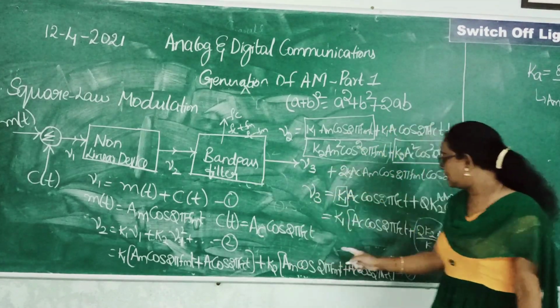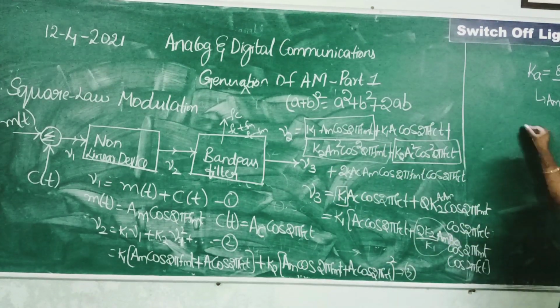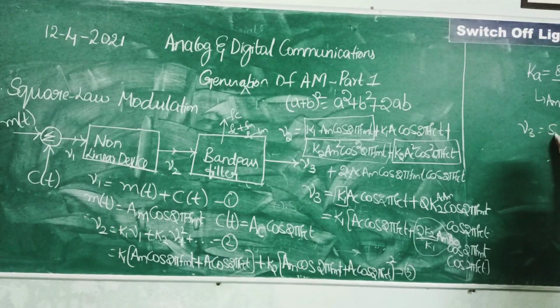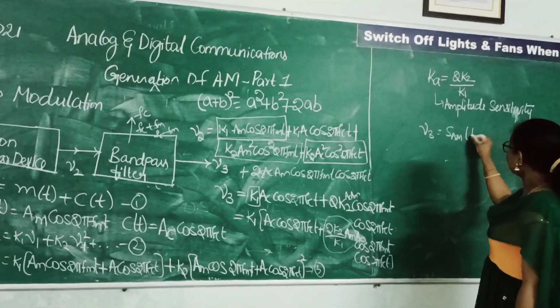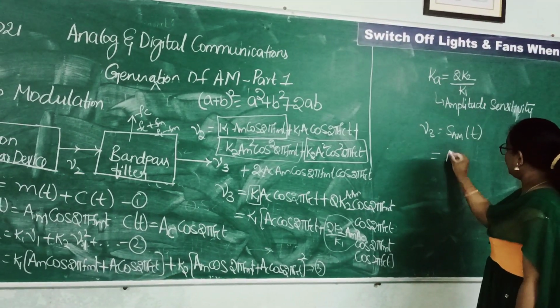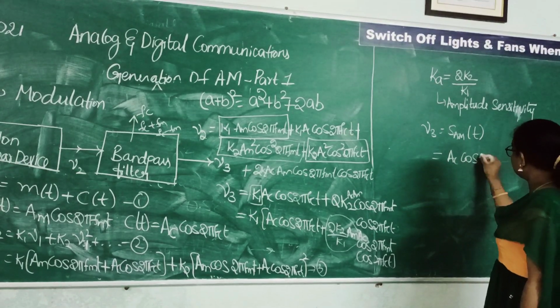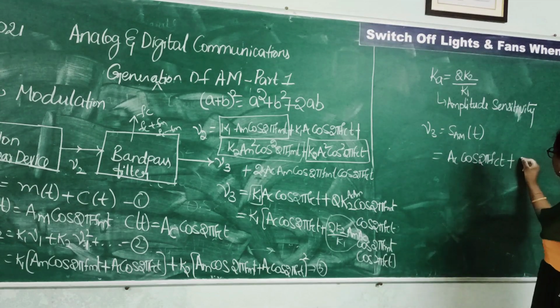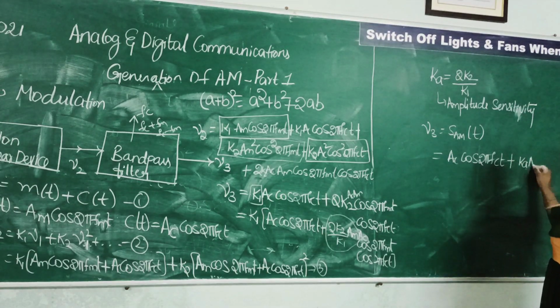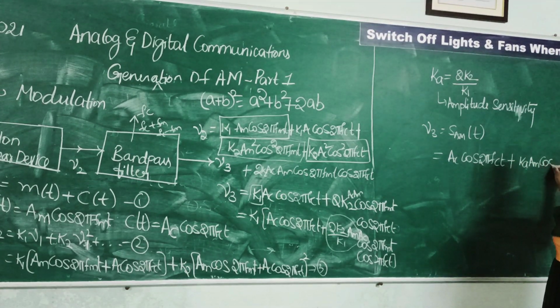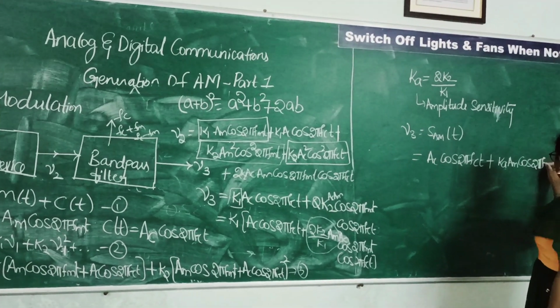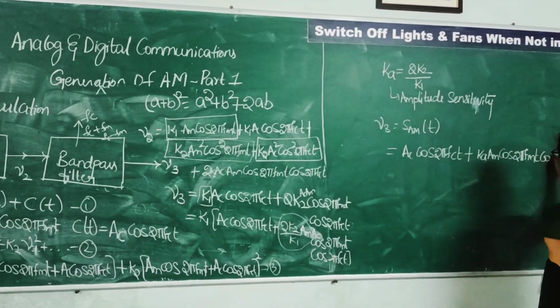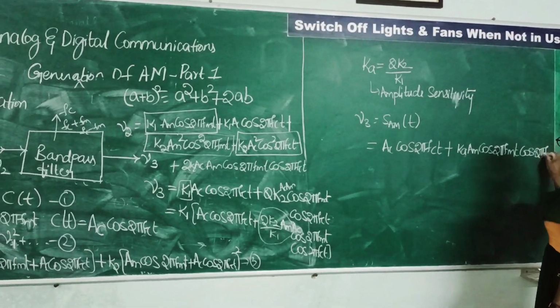So hence the V3 equation after filtering is similar to s_AM(t). So what is s_AM(t)? Ac cos 2 pi fc t plus ka Am cos 2 pi fm t cos 2 pi fc t.